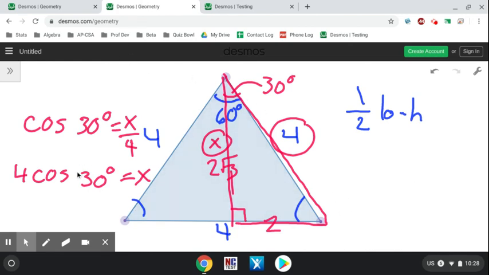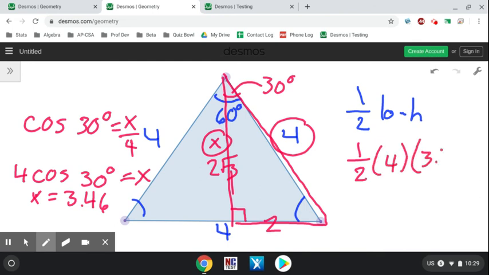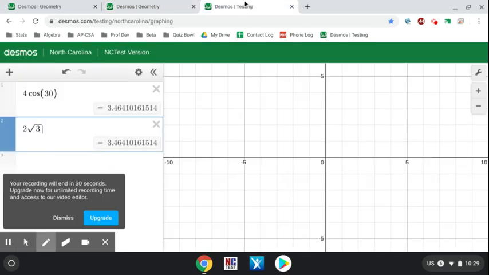Now, once I know the height, this value of x is 3.46. To finish and find the area, I can say the area is 1/2 the base, which is 4, times the height, which is 3.46. So back to Desmos to put that in.